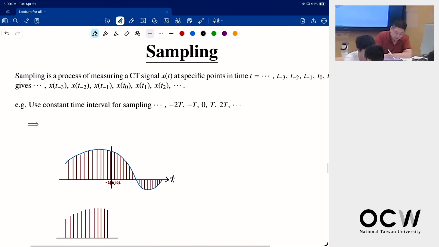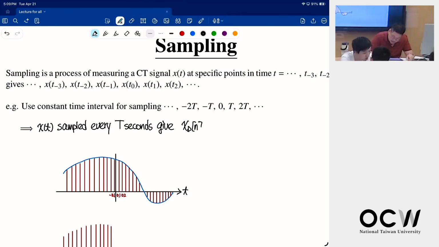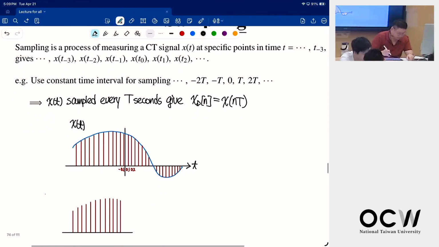This means that I sample x every T seconds, and I'll get the discrete signal. That is the continuous time signal sampled at T. So suppose this is x(t), and then we'll get the discrete signal.